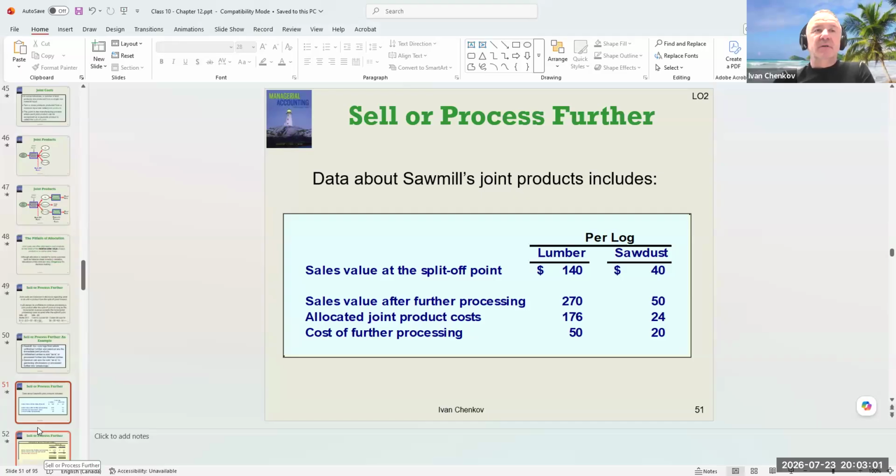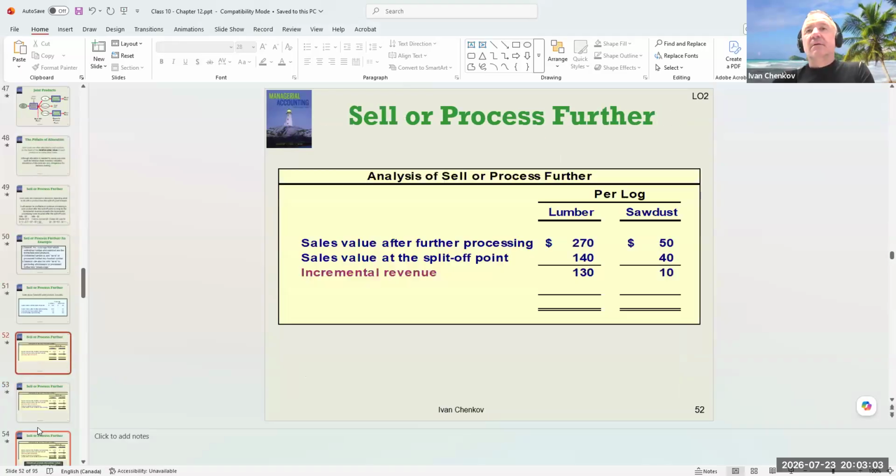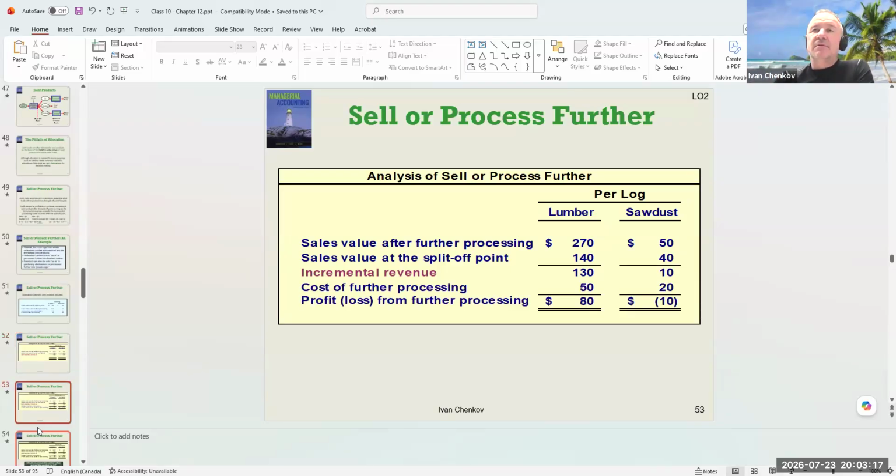The explanation will be right here. Once we get the sales price for the further processing, 270 versus 50, sales value at the split off point, 140, 40, incremental revenue, 130 versus 10, additional cost, 50 versus 20, so process further lumber, we're gonna generate $80 more.